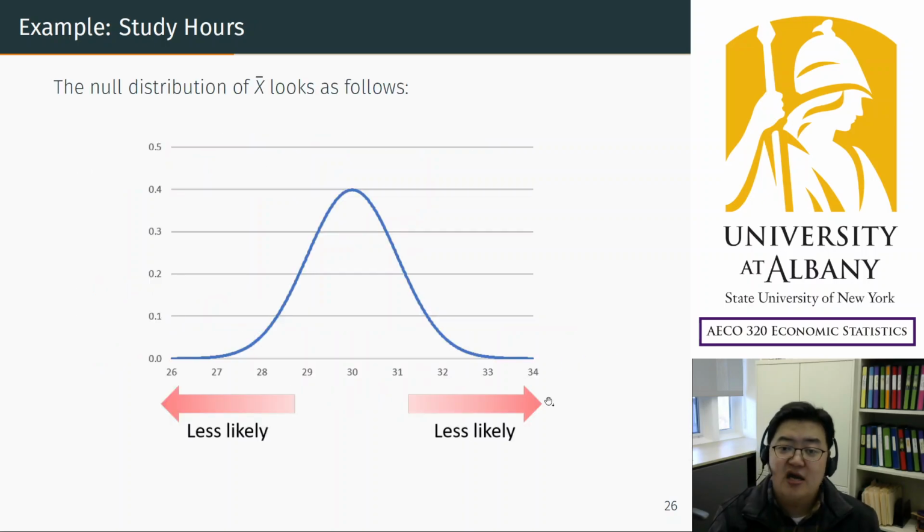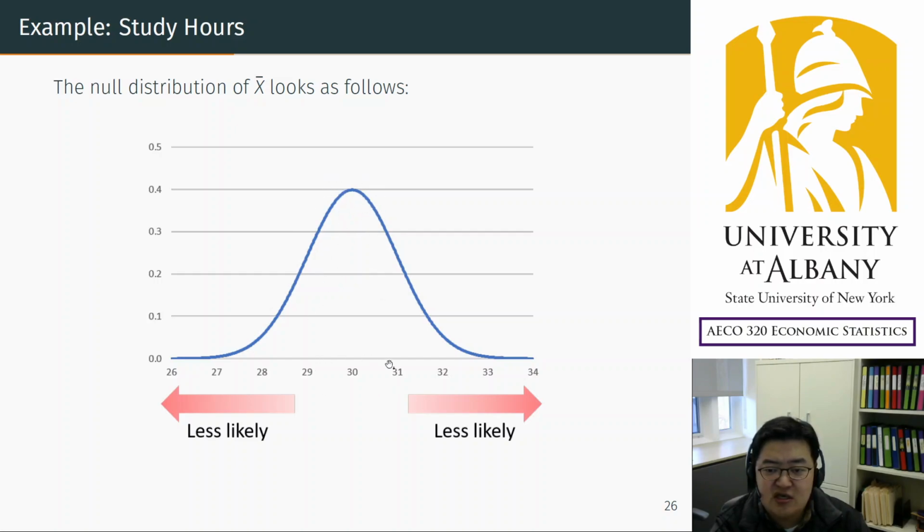Then it would look like this. If my hypothesis was correct, then x bar, the sample average, would follow this distribution. So we call this the null distribution. Null distribution, if the null was correct, right? So that means if I survey 100 students, I would get results somewhere here.